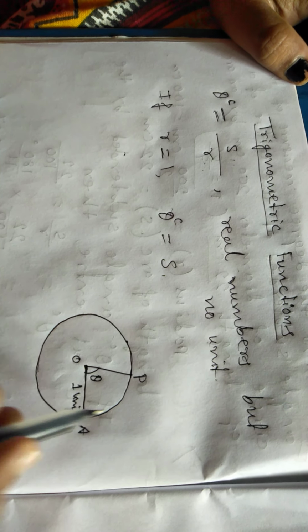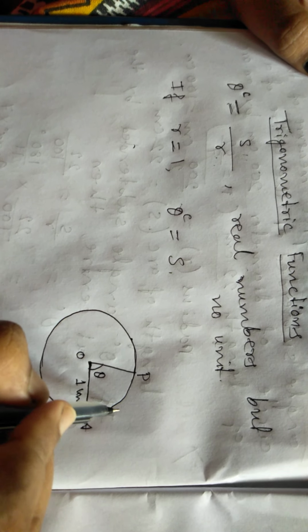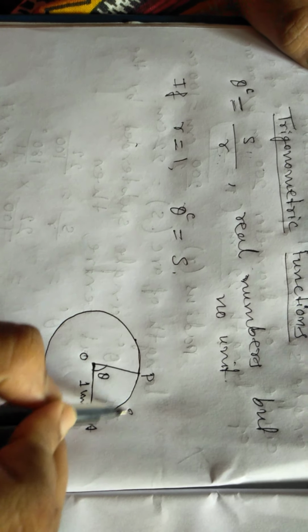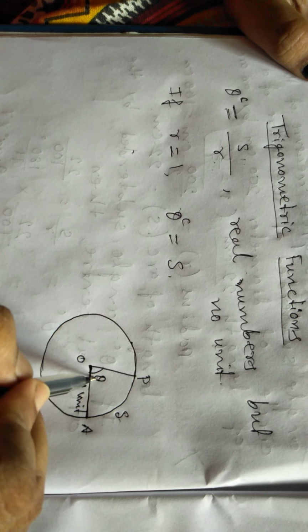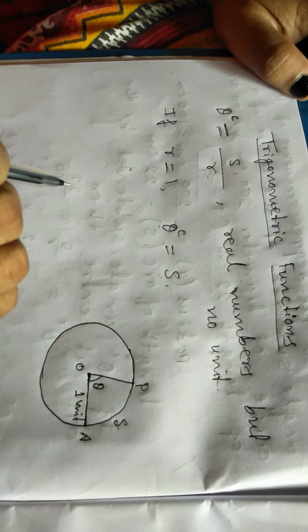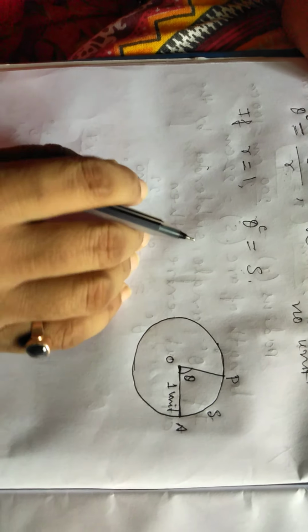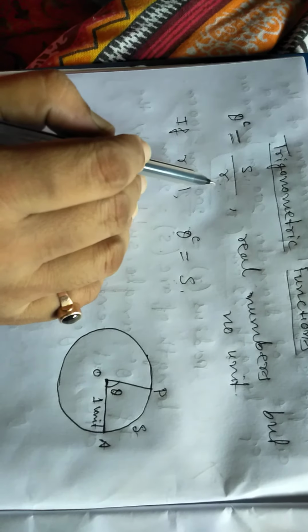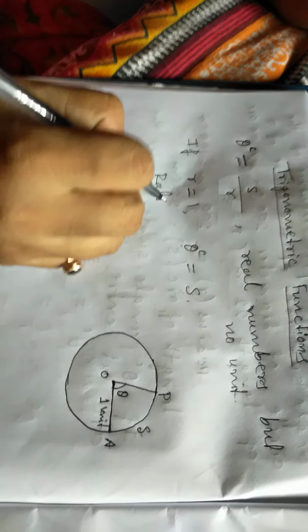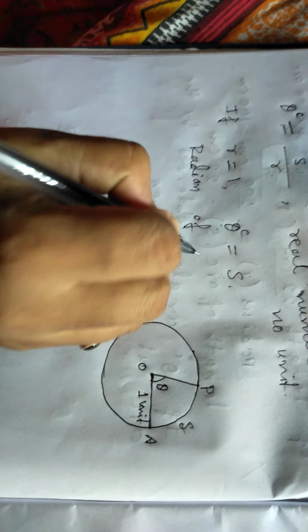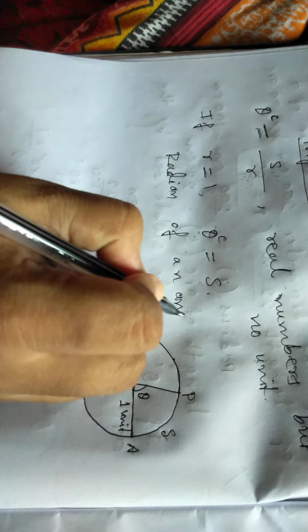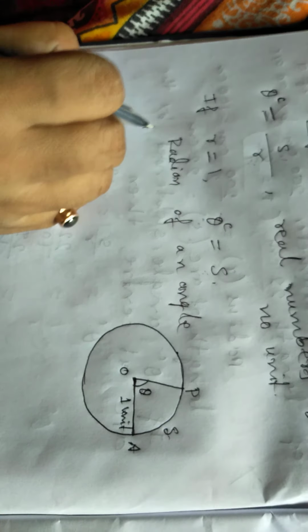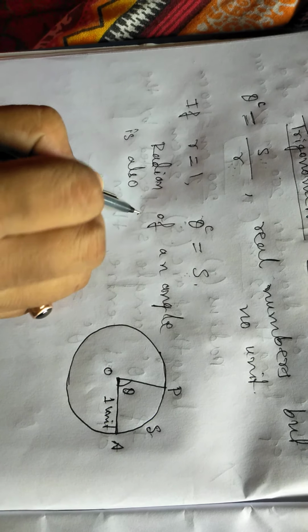In a unit circle, the length of the arc s and theta are both equal, that's why I have written this. Since s and r are both real, theta is also real, which means the radian measure of an angle is also a real number.